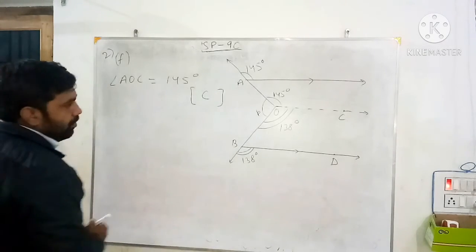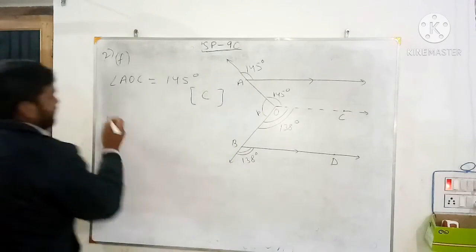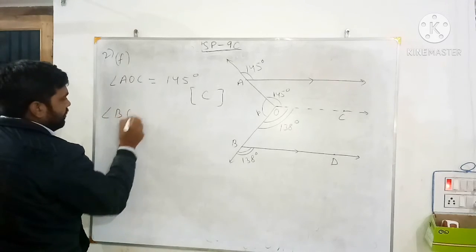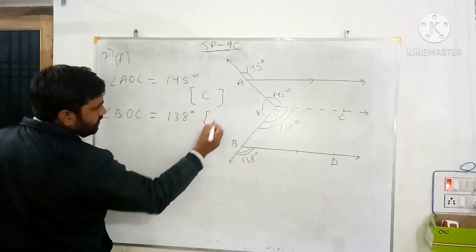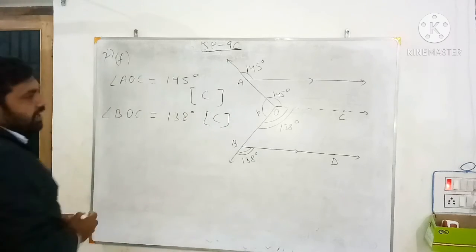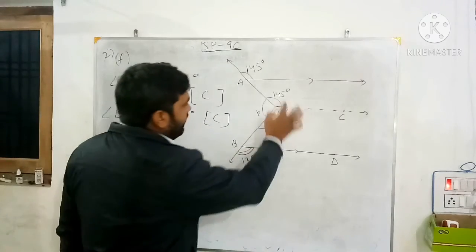You can write angle BOC. So angle BOC equals 138 degrees. Same reason, corresponding angle.